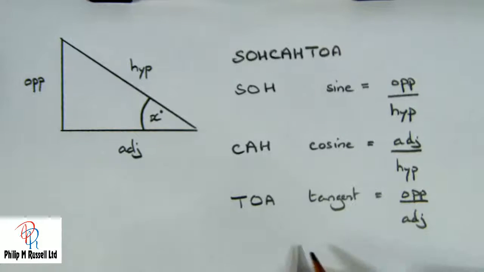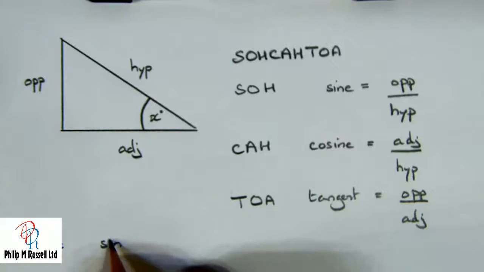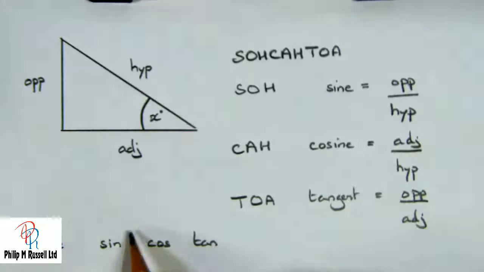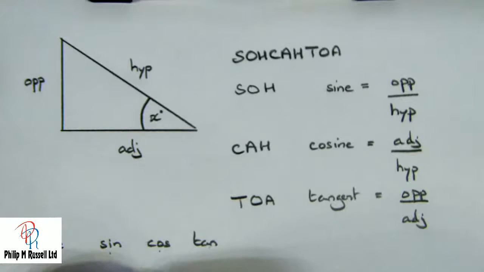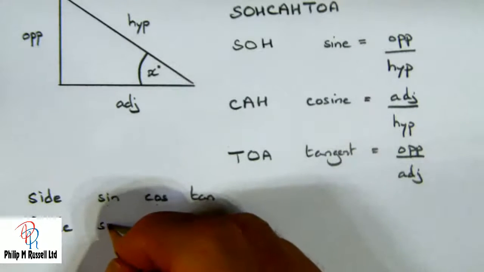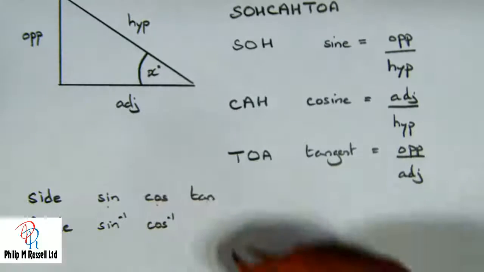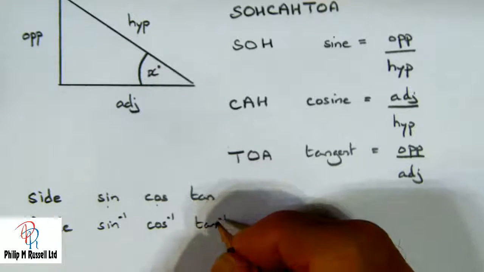Now, there's one other factor we need to know, that if we're working to find a side, then we'll use on the calculator the buttons sin, cos or tan, short for sine, cosine and tangent. If you're finding an angle, then we will use the sine -1 button, or the cos -1, or the tan -1.